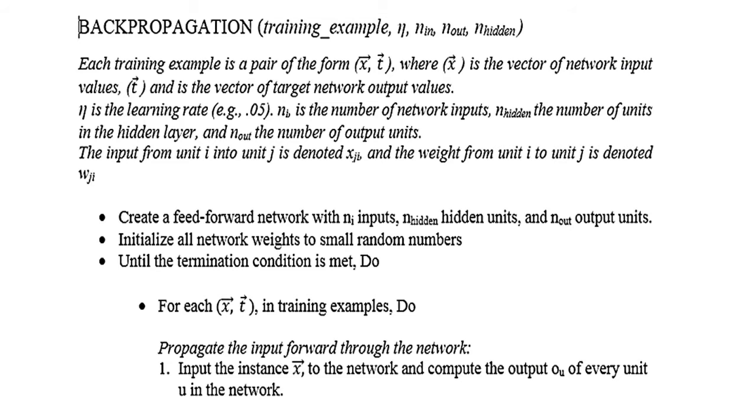The input from unit i into unit j is denoted as x_ji, and the weight from unit i to unit j is denoted as w_ji.